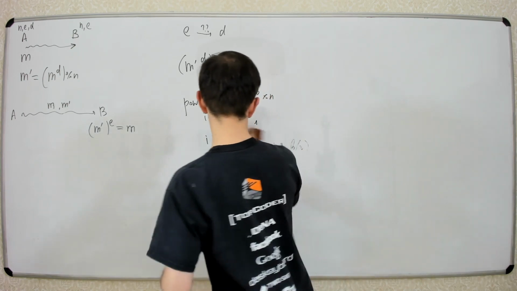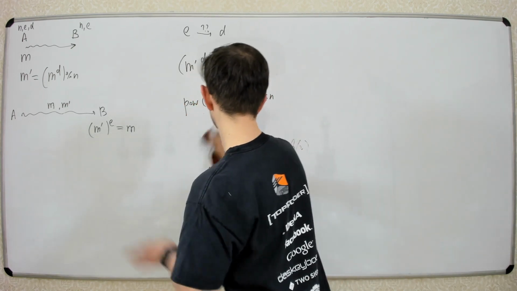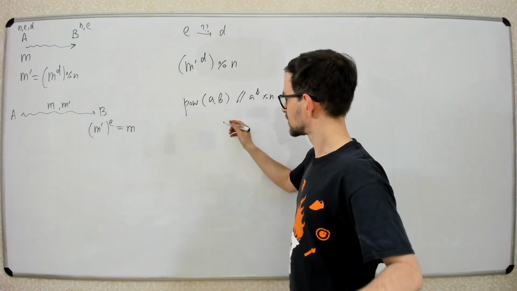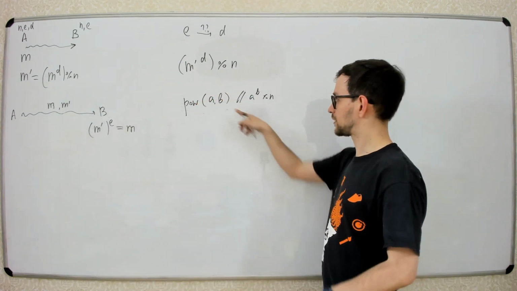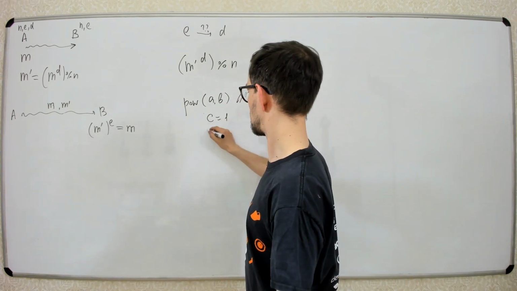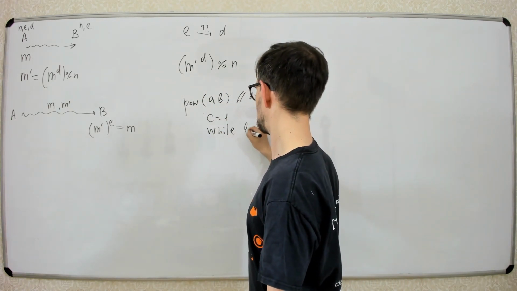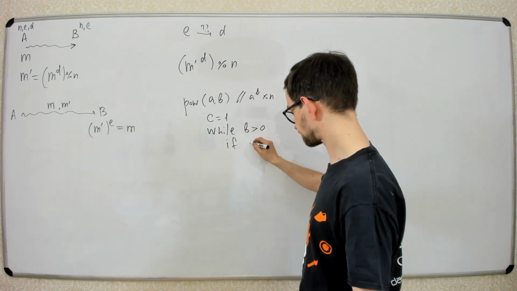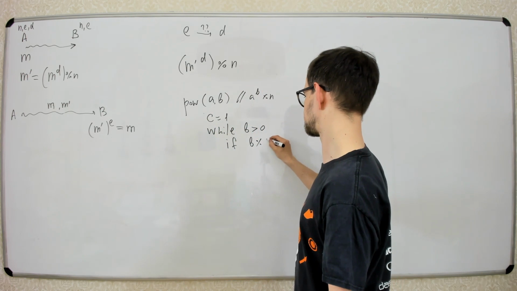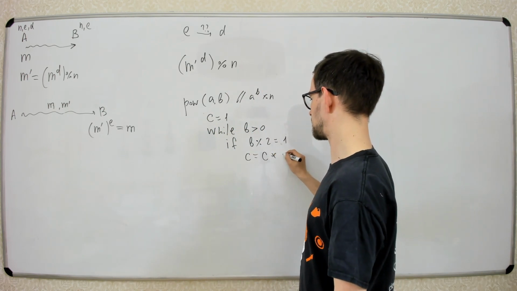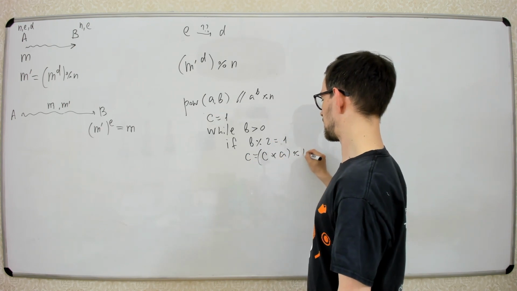Okay, it's not that visual. Let's make it non-recursive. It will be a little bit more visual. So how to calculate a to the power of b? Let c equal 1. While b is greater than 0: if b is odd, then c equals c multiplied by a modulo n.